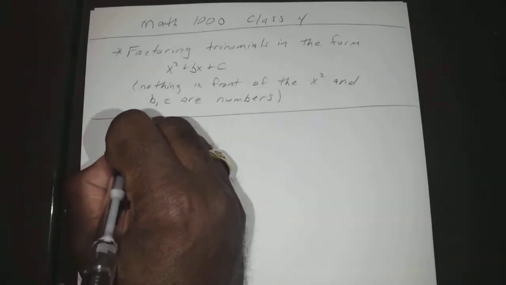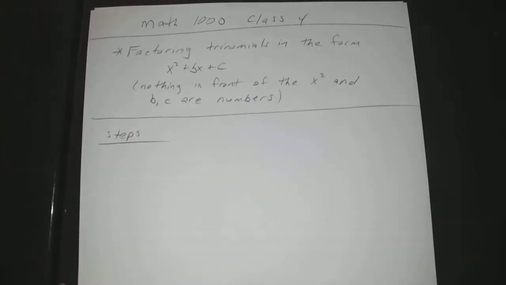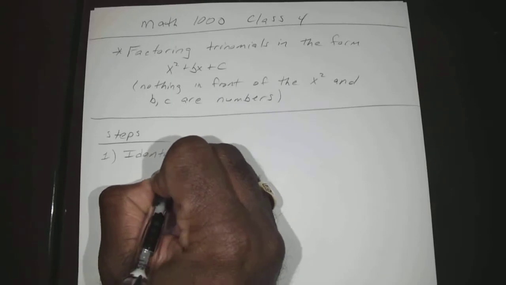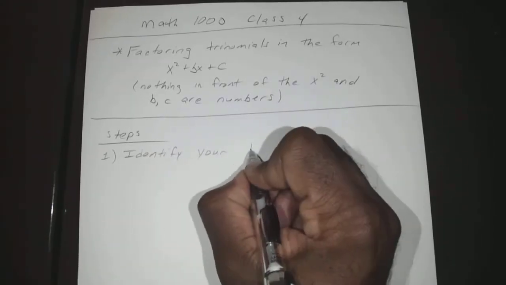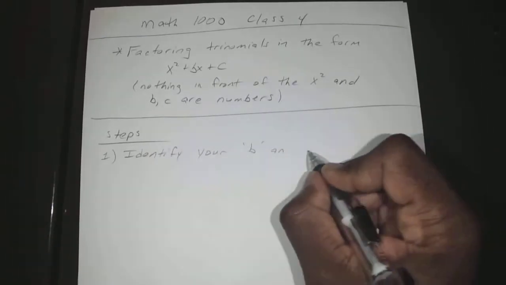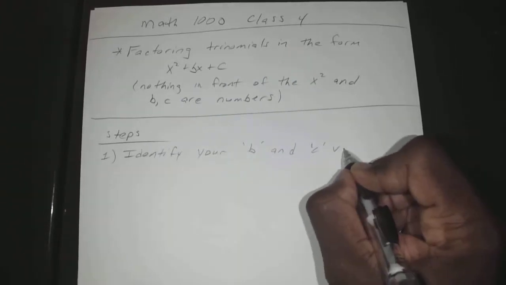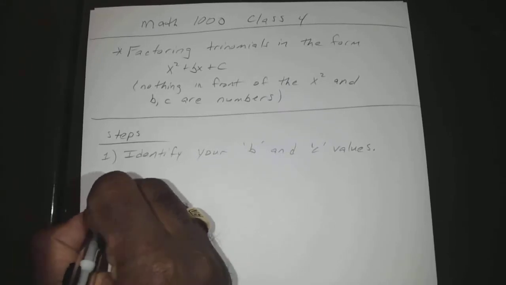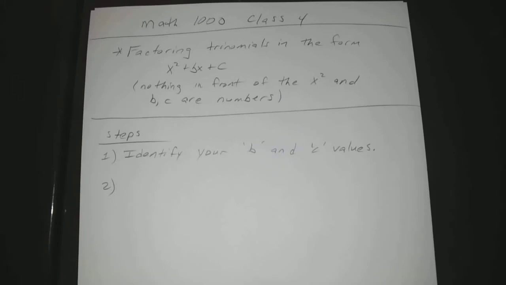So the steps to solve these. The first thing you want to do is identify your b and c. The second thing you want to do is find the same two numbers that multiply together to give you whatever your c is and add together to give you whatever your b is.